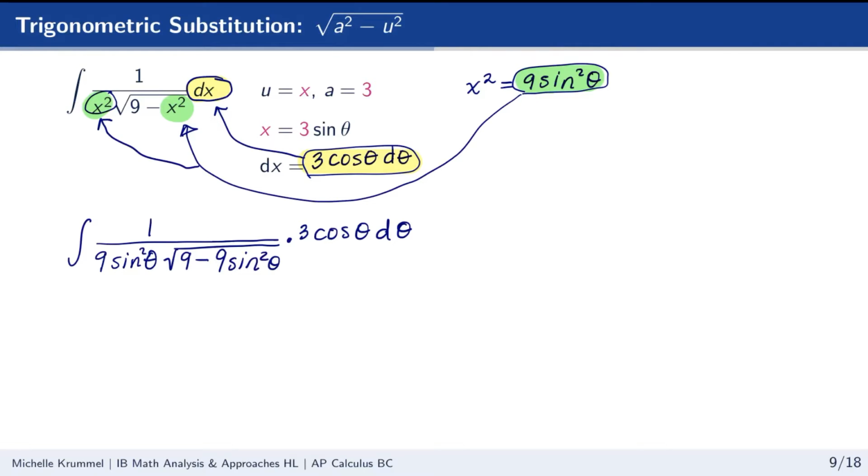The square root of 9 minus 9 sine squared theta, factor out the 9, then you'll have, I'm just going to do this and then erase it, 9 times 1 minus sine squared theta, right? This is what we were practicing earlier. It's become 9 times cosine squared theta, and then you take the square root and you get 3 cosine theta. So that whole square root right there just turns into 3 cosine theta.